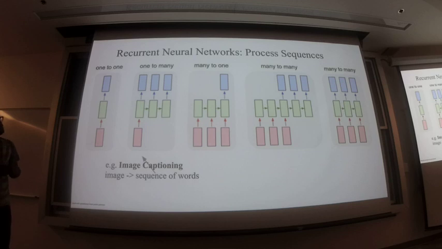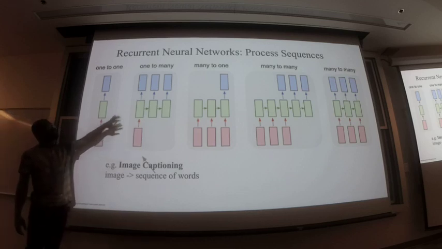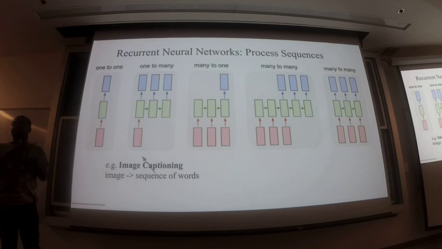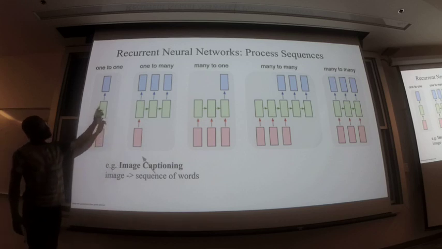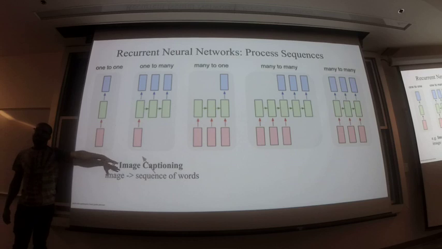The one-to-many RNN takes a single input and then produces an output of variable length or size. An example of a task where we could use the one-to-many is an image captioning task.